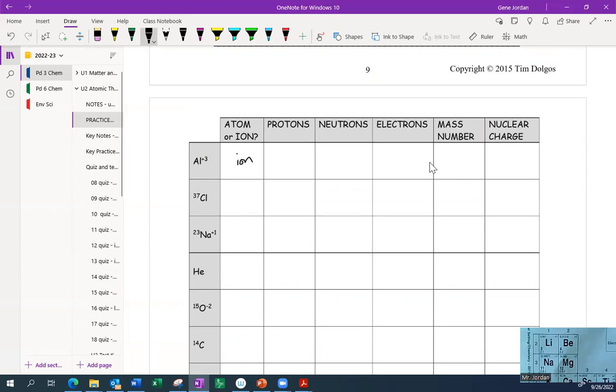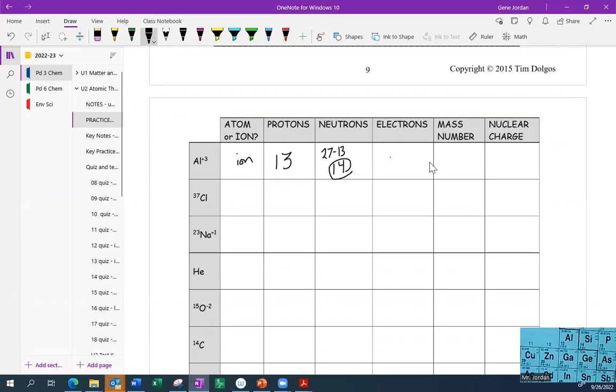Number of protons, you just simply look up aluminum and see it's element 13. So it's 13. Then you take a look at its mass number. Its mass number is 26.98, I believe. Let me double check. Yep. Sorry, I had to take a look at that. So that's 27. So I take the 27 mass number minus the protons, which is 13, and I get a total of 14 neutrons.